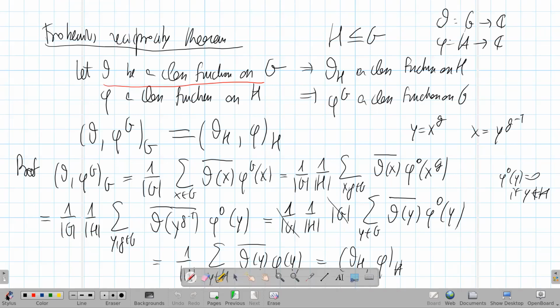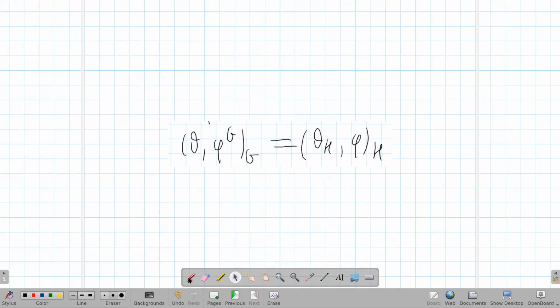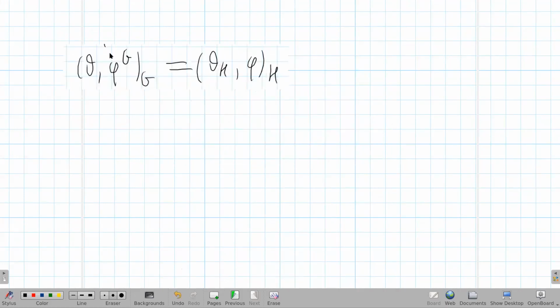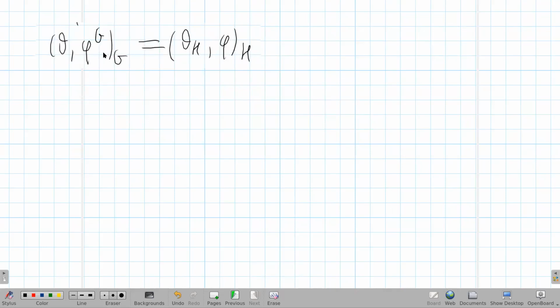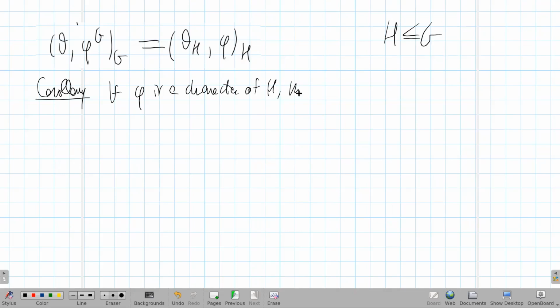But then why does this formula show what I claimed earlier? So first of all, let's copy this formula to the next board. And from this theorem of Frobenius, you obtain a corollary which says that if phi is a character of H, the situation is as usual that H is a subgroup of G, then phi G is a character of G. Why do we have to prove this?